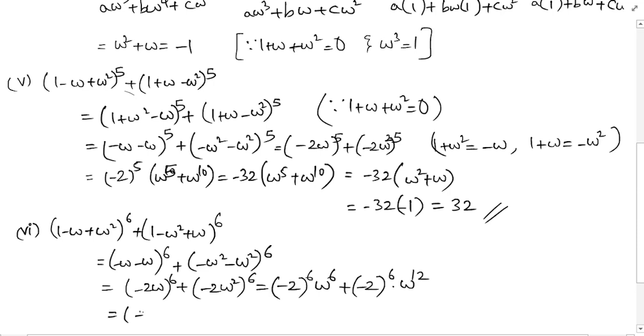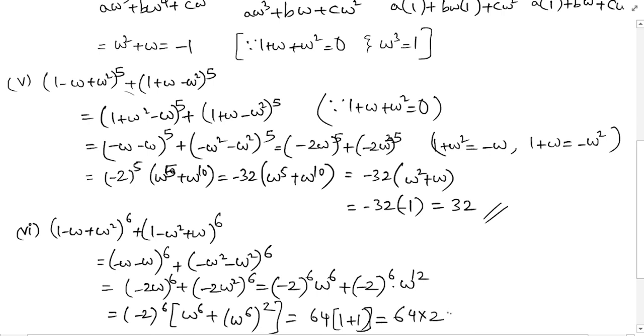So this is equal to (minus 2) to the power 6 into (omega power 6 plus omega power 12), which will be equal to 64 into (1 plus 1). This will be equal to 64 into 2, which is equal to 128, our answer.